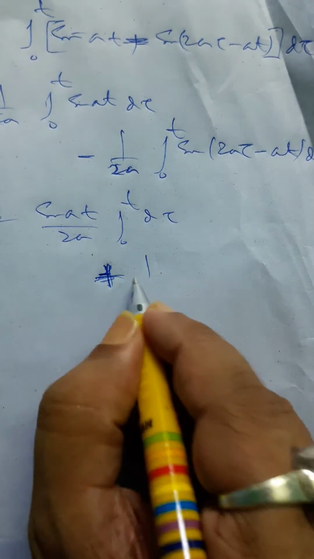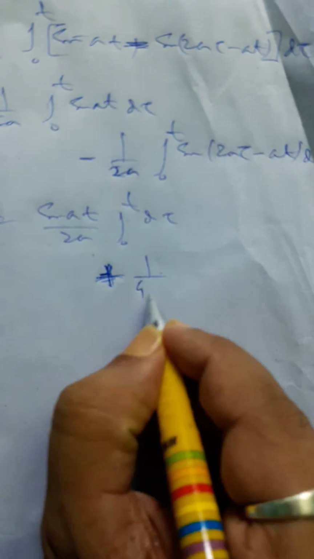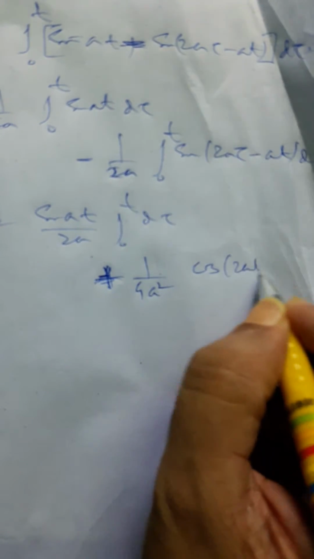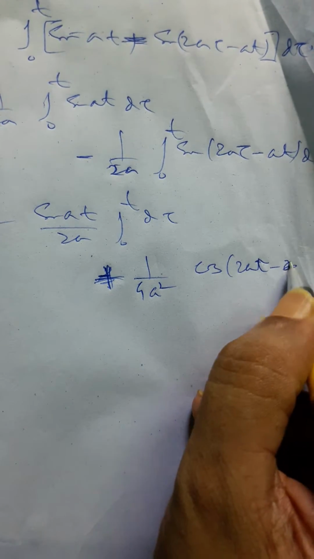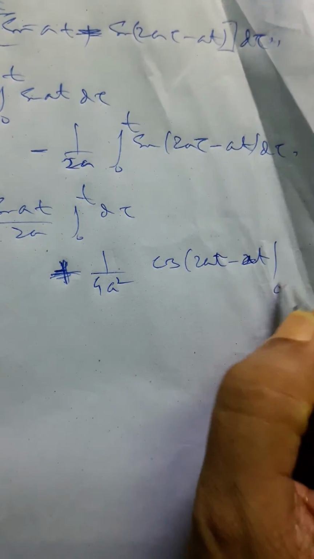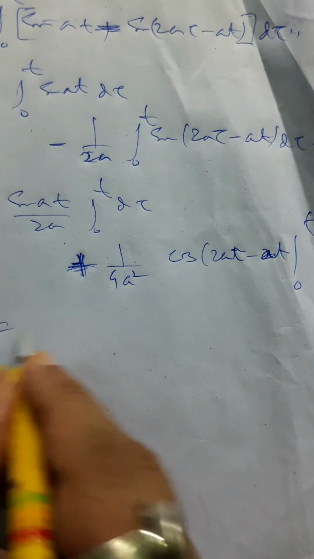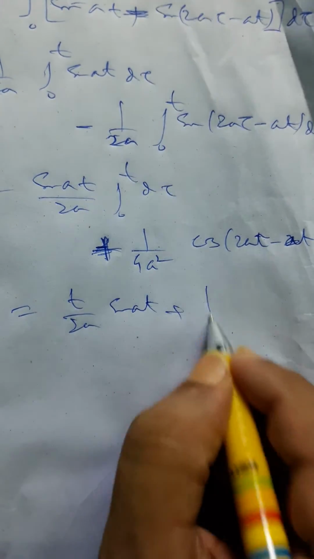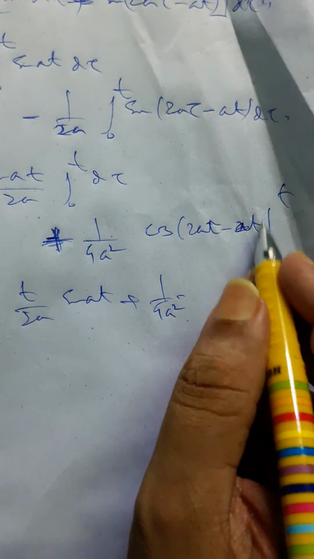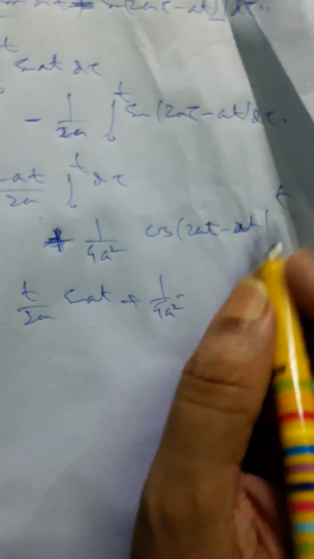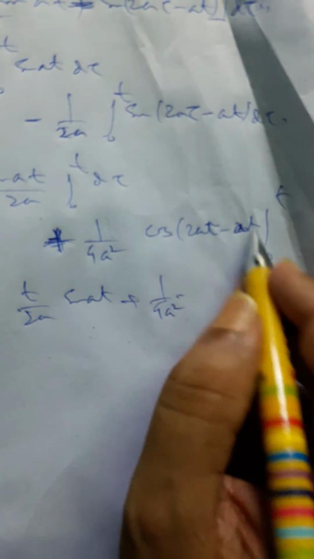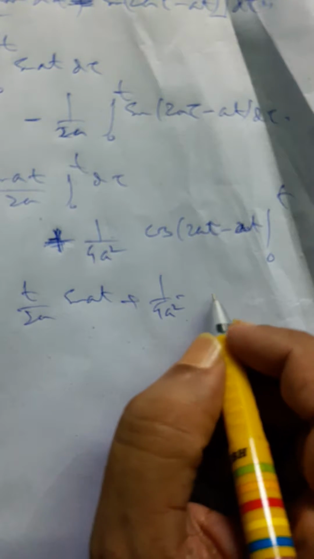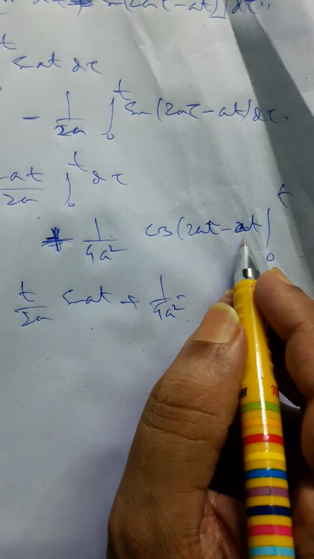The integral of the sine is the difference of cosines, that is 1 by 4a square, cos of twice a tau minus at, ranging from 0 to t. If we put in the limit, the first term gives t by 2a sine of at, and the other terms give cos at minus cos at, that will be 0, and the same terms cancel, and it's clear.